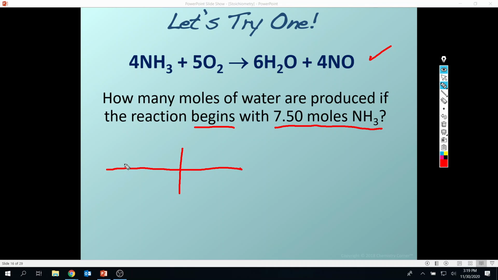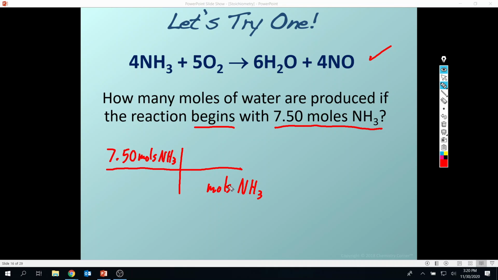And in the top left, you write 7.50 moles of NH3. And in the bottom right, you would write moles of NH3, since we don't know what the... So down here, I'm going to write moles of NH3 because we want my moles of NH3 to divide away, and so we want them on opposite sides of the division bar.